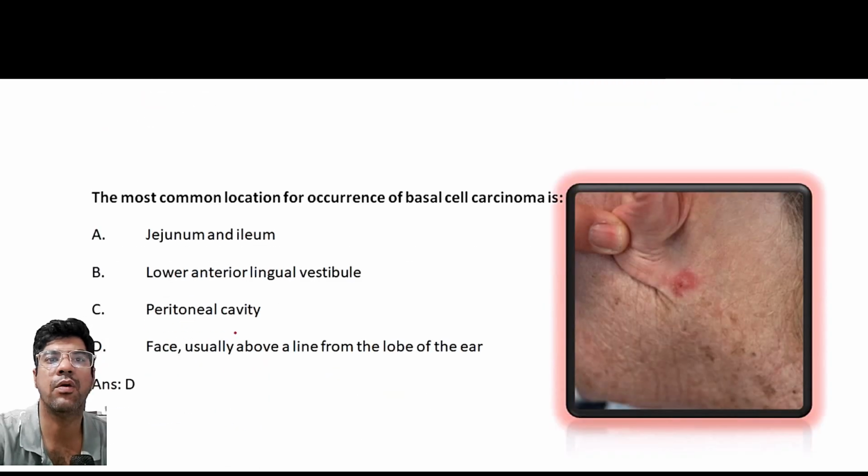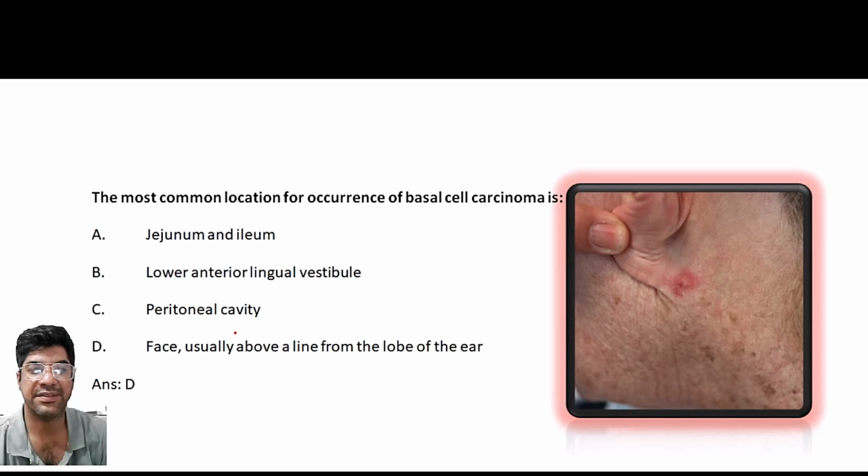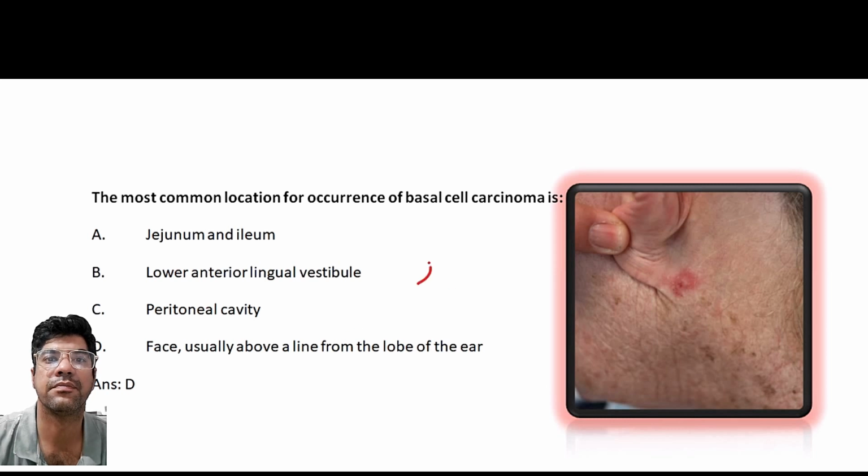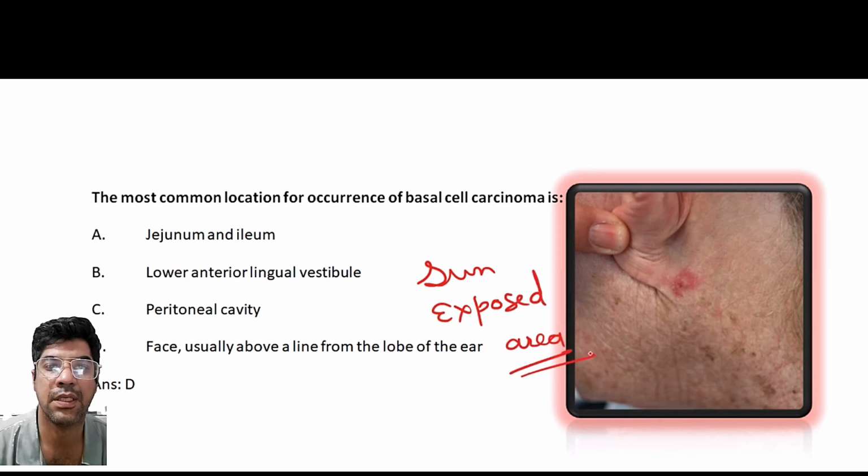The most common location for occurrence of basal cell carcinoma is the face above a line from the lobe of the ear. Basal cell carcinoma is the most common type of skin cancer. It occurs on the sun exposed areas of the body, with the face being the most common location.